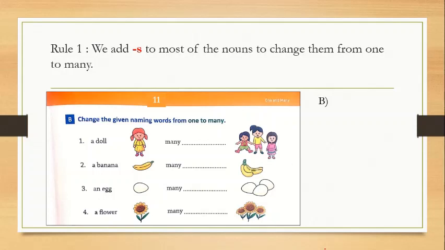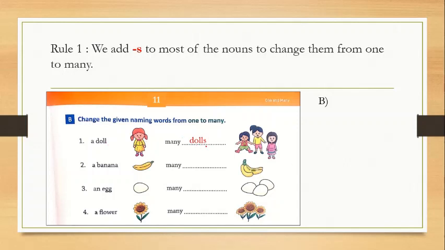First one, a doll. Now to change doll from one to many, we will add S at the end of the word doll, D-O-L-L, doll, and we add S, so we get D-O-L-L-S, dolls.